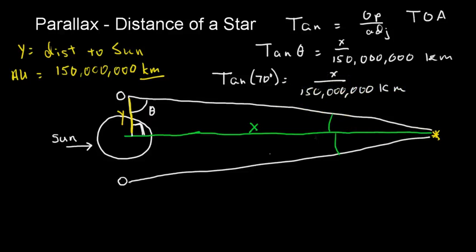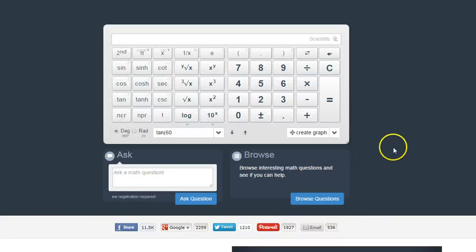Okay, and we'll get out our handy dandy scientific online calculator. Whenever you're doing something like this, make sure you're not in radians, you're in degrees. Okay, so we have the tangent of 70.